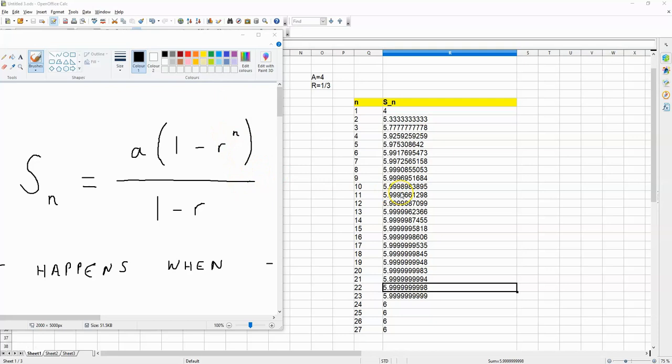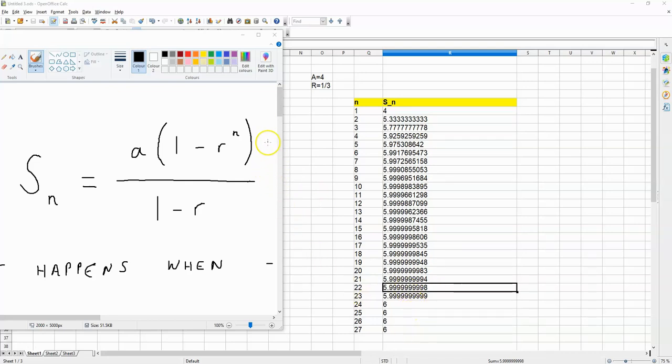What this spreadsheet shows, as I've plugged a formula into it, is that this geometric series, because r is equal to a third, tends towards a specific value, and that is 6.